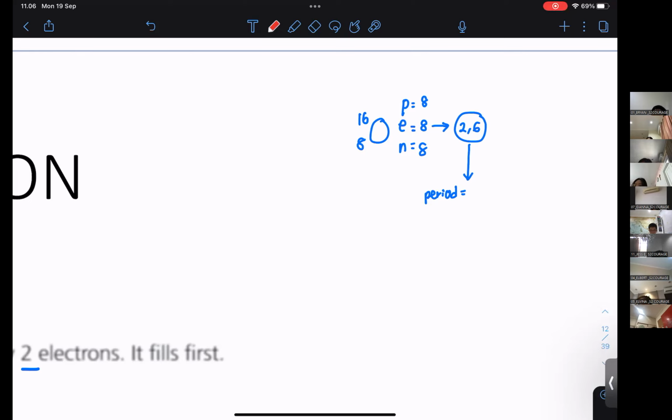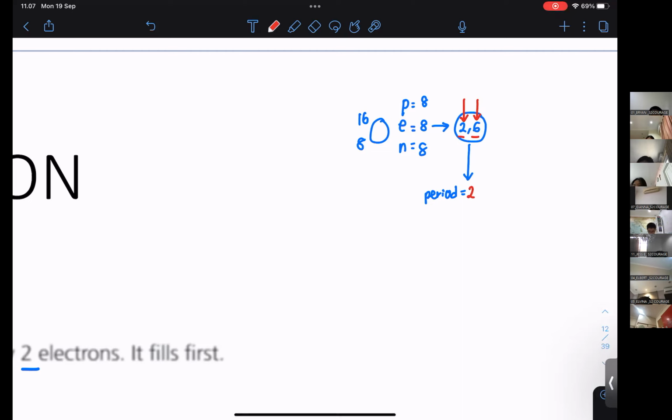Is it 2? Period is the number of shells. You can see there are 2 shells over here, so it is period number 2. You just need to look at the 2 shells.